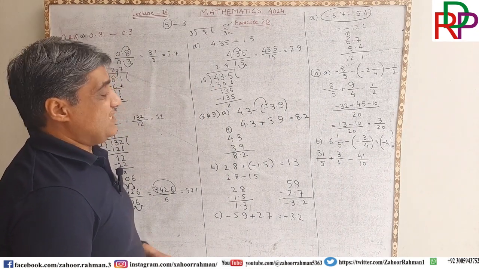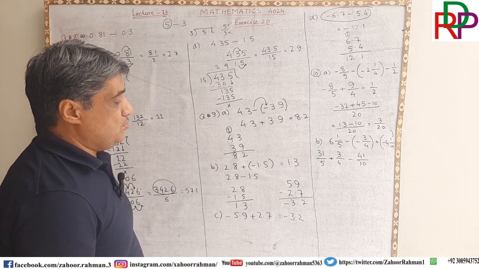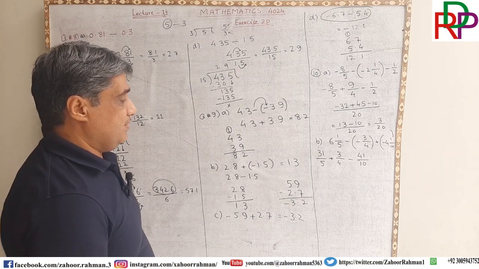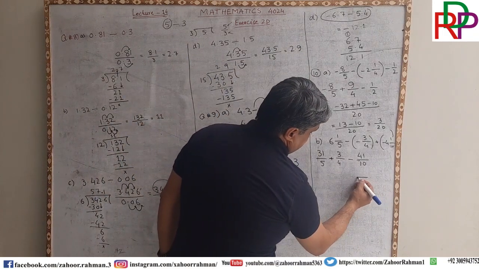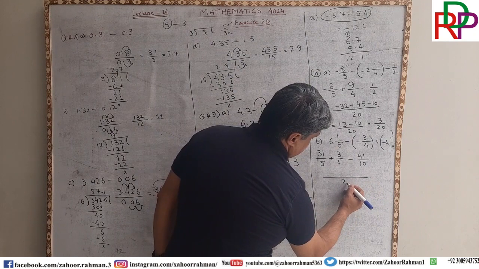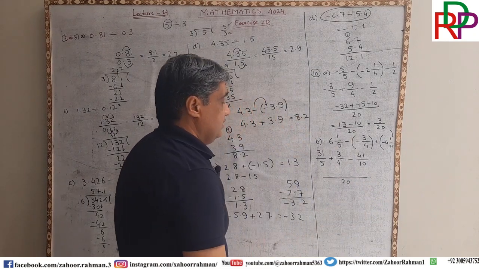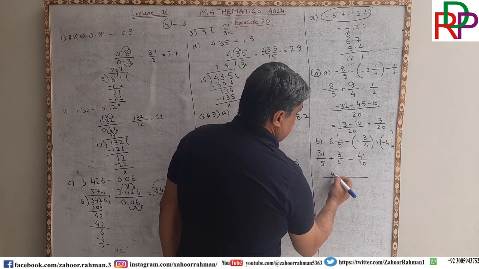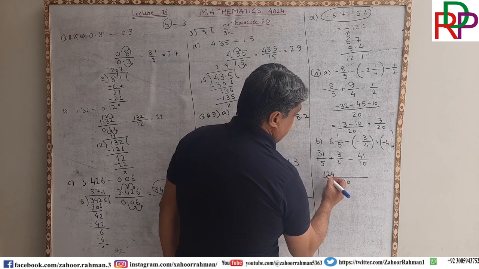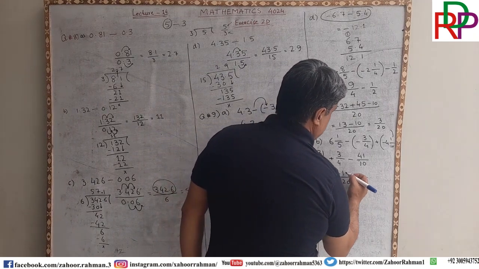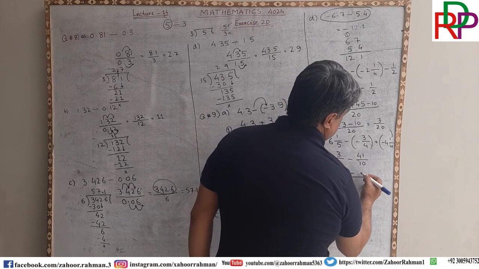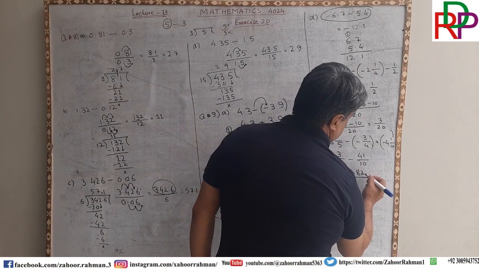So, first of all, we have to find the LCM, and the LCM of this is 20. So 4 ones are 4, 4 threes are 12 plus 5 threes are 15 minus 82.